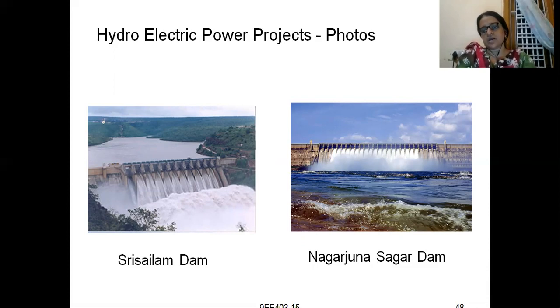Whenever the inflow of the dam is high and the storage level of the water in the dam is reached, then definitely they will open the spillways or gates of the Nagarjuna Sagar Dam.